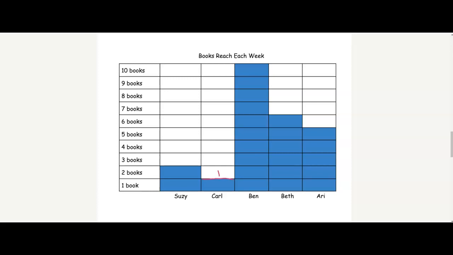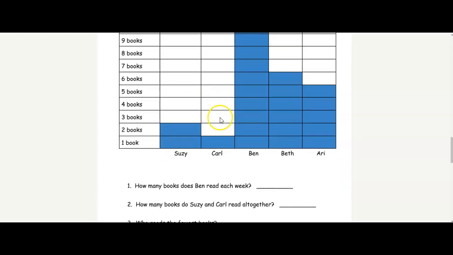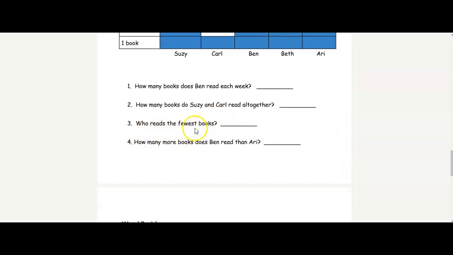Beth reads 6 books, and Arvi reads 5 books. So which one has the least? Yes, you're right, it's Carl, because his graph is only filled to the first book. The rest have more than 1 book each week. So Carl would be the one who reads the fewest books.